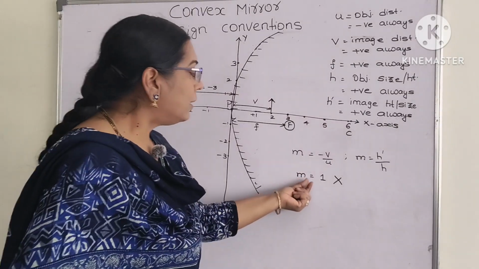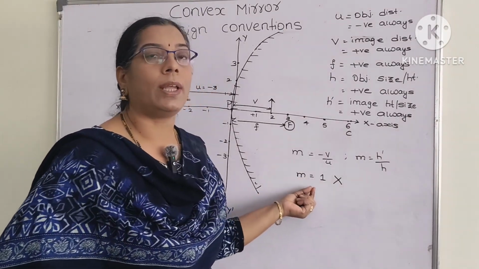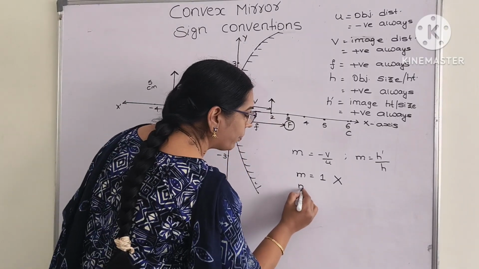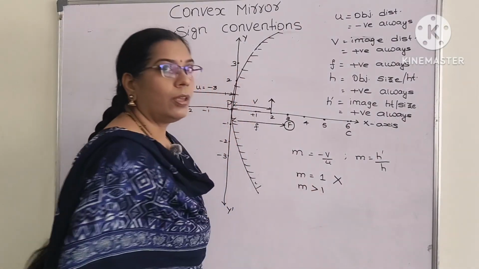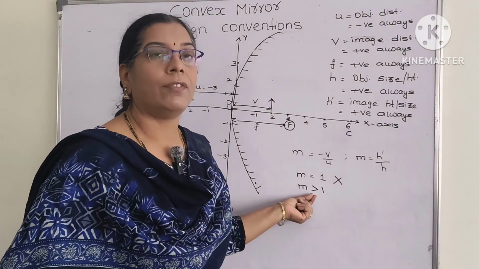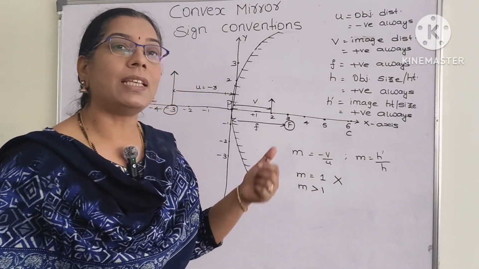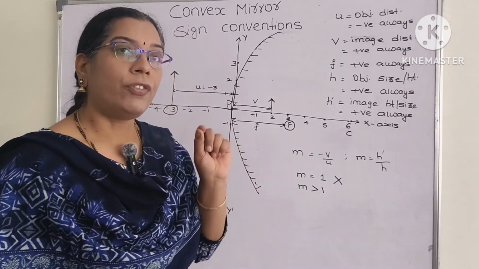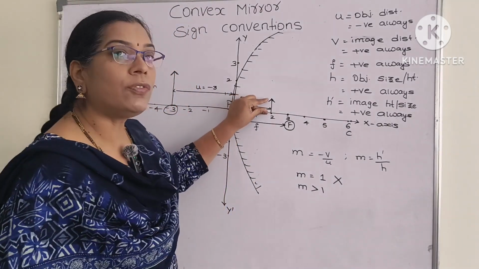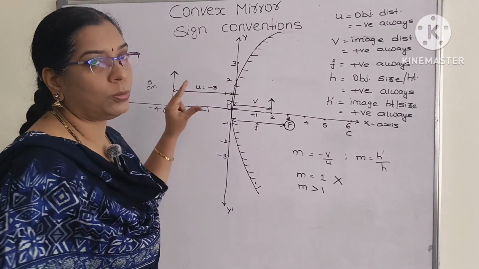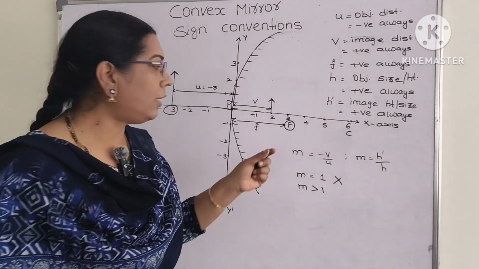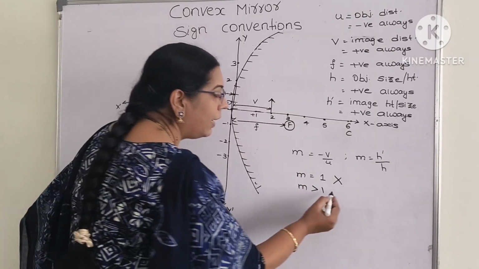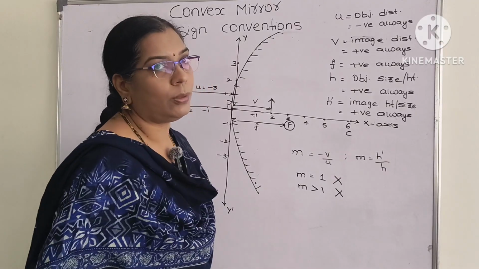No. So the case where m is equal to 1 is not possible for convex mirrors. What do you mean by m greater than 1? It means the image is enlarged, bigger than the object. But for a convex mirror, the image will always be smaller than the object. So this case also is not possible.